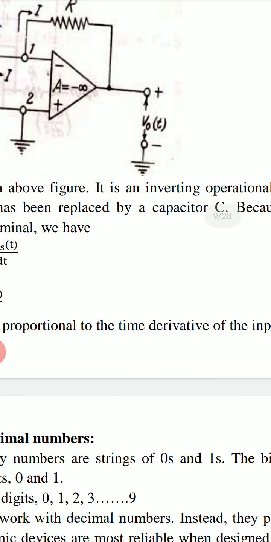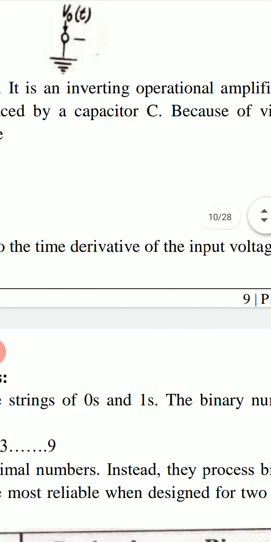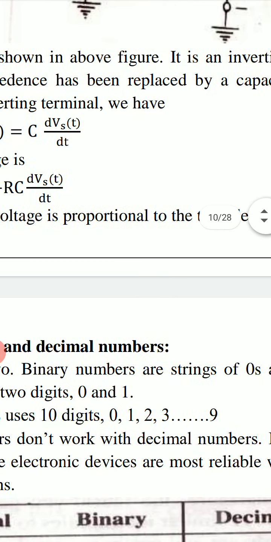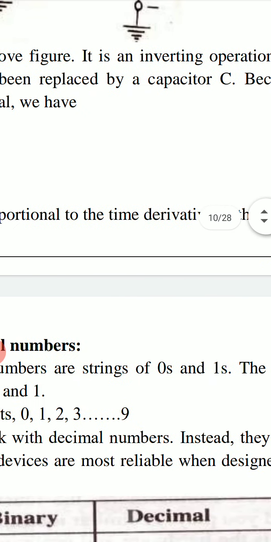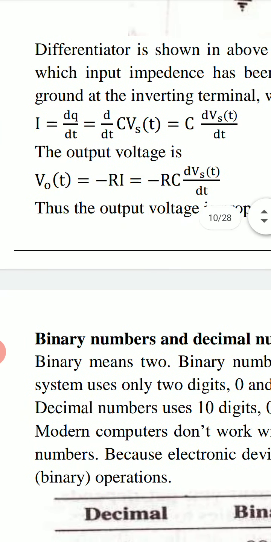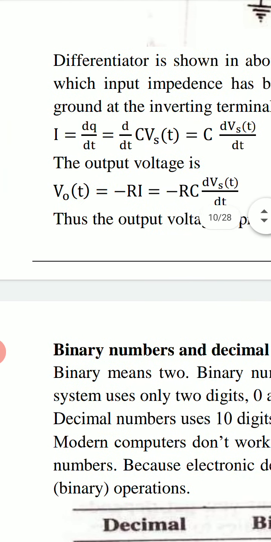It is an inverting operational amplifier in which the input impedance has been replaced by a capacitor C. Because of the virtual ground at the inverting terminal, we have I equal to dq upon dt.